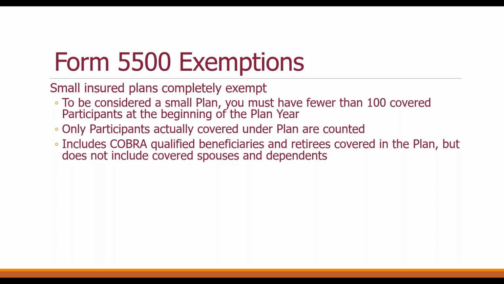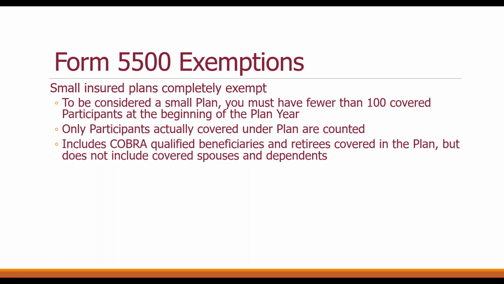If you have less than 100 covered participants at the beginning of the plan year, you do not have to file a 5500. And that doesn't matter if, let's say, you're at 99 on Jan 1 and all of a sudden 50 employees say, you know what, that sounds great, I want this health insurance, and you're up to 149. If that happens on January 2nd, you still don't have to file a 5500.